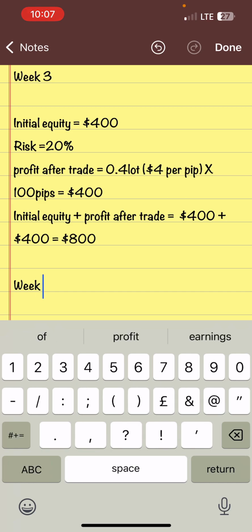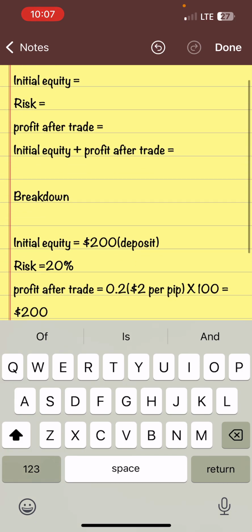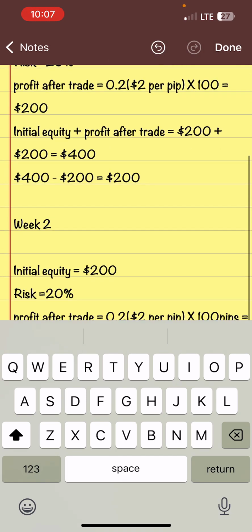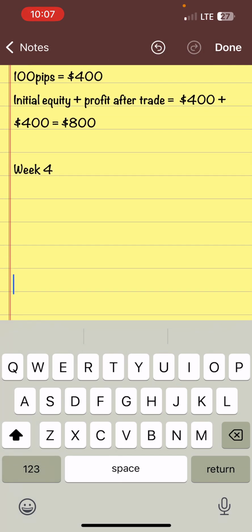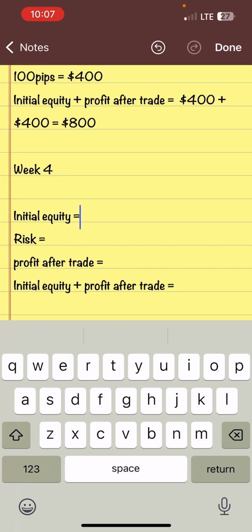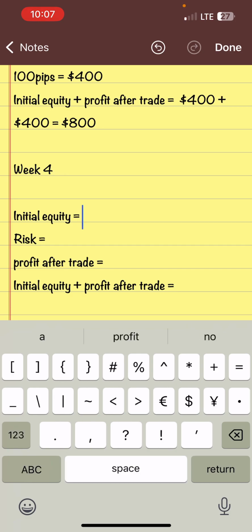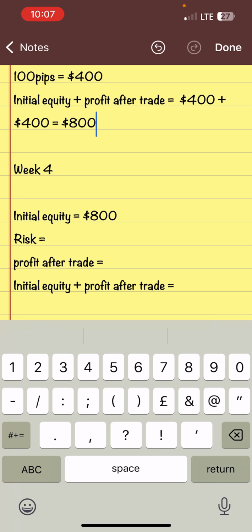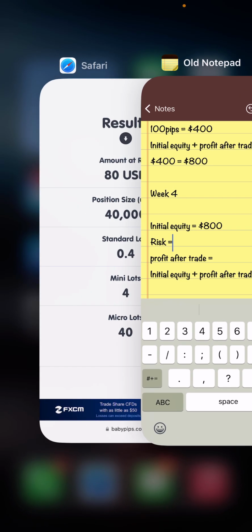So this is week 4. That's the end of the month. Week 4. Your initial equity 800, this your risk, right?